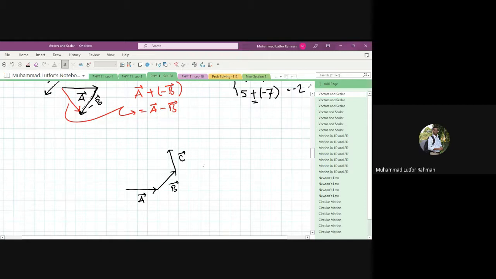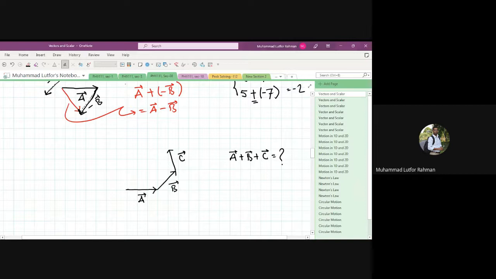Then how am I going to find the addition of these vectors A plus B plus C? I know it's very easy in mathematical notation, but graphically, since we have only one theorem, which is the vector triangle law, we can use only two vectors. I'll do that step by step.